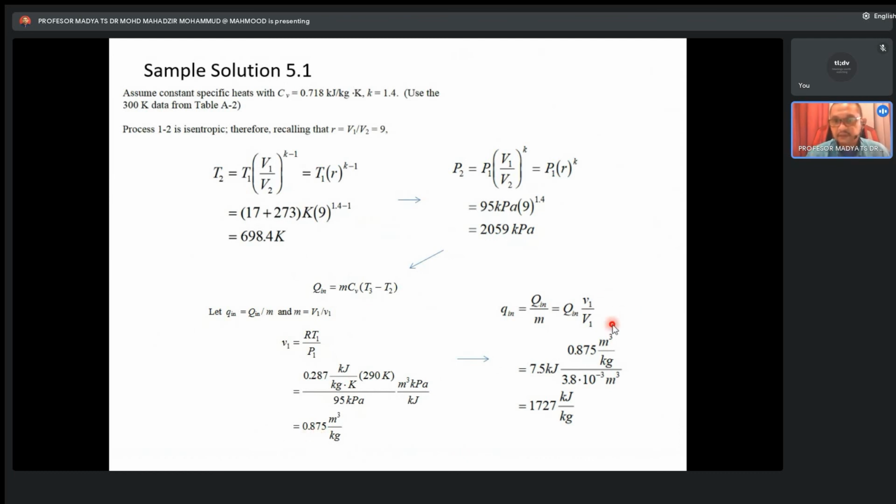From specific volume 1, you can get the specific heat in. Put all the values in these formulas.